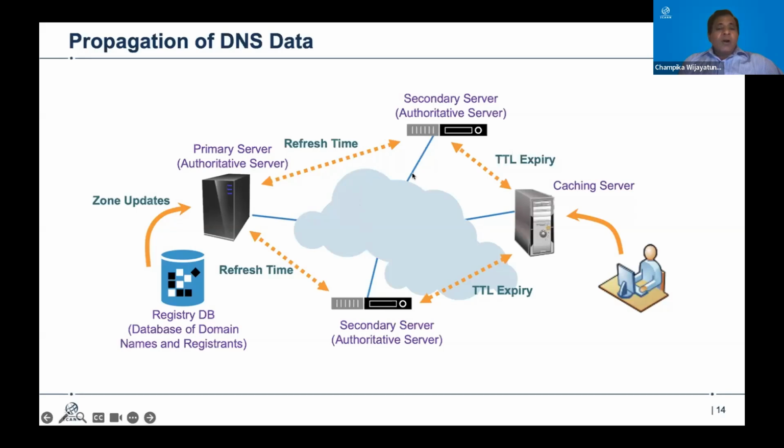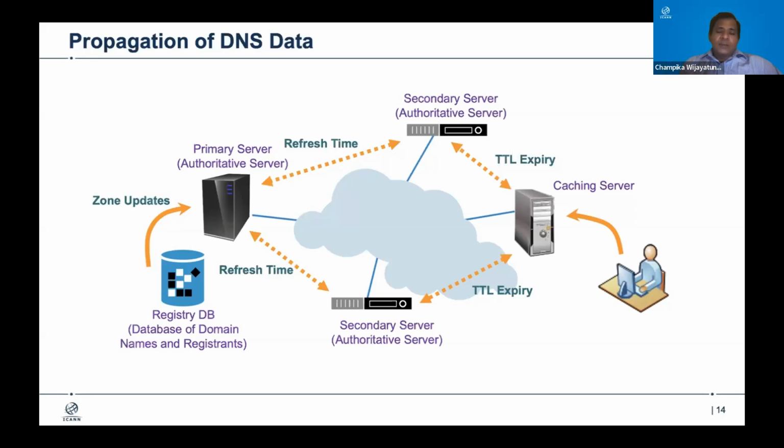So because of that, it is always good practice to use these parameters in a consistent way. And then you know that every day at a certain time, this zone data gets updated into the secondaries, your authoritative servers, the caches, and so on.